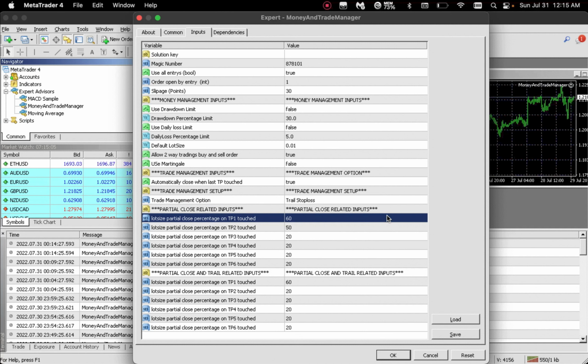And about the trail stop loss, the second one. This one also has no other inputs, like the simple management. What it does is simply trail the stop loss after each TP achievement.